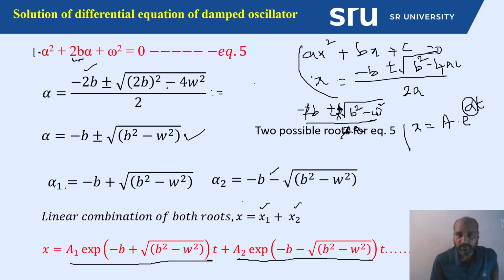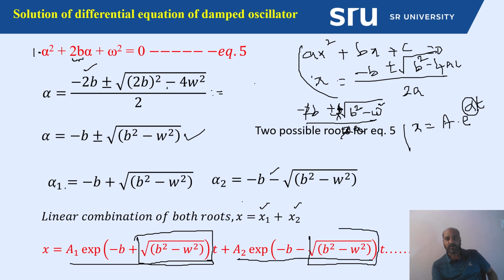Now we need to analyze this solution a little bit in detail. For that analysis, the major factor, in both the first term and second term, will be this particular term, the √(b² − ω²), because it may have broadly three possible values.